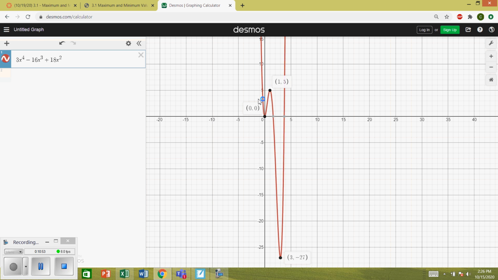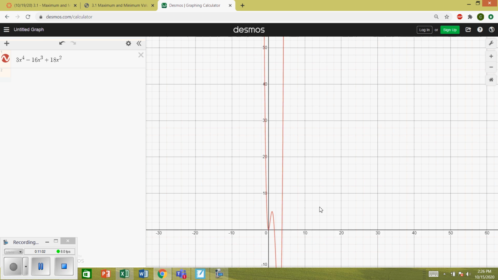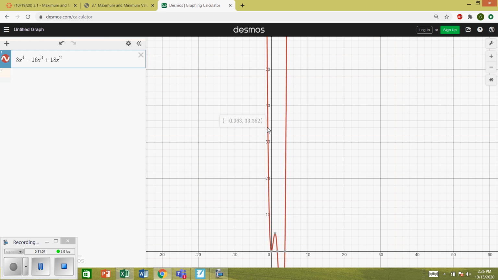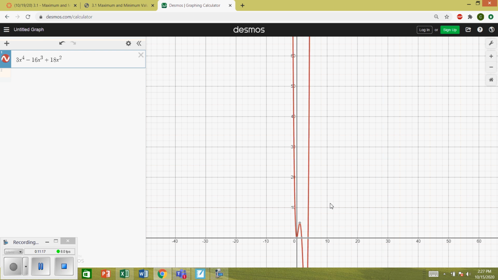At negative 1, well, that's really high up there, isn't it? At negative 1, I think it's 37. Yeah, at negative 1, it's 37.